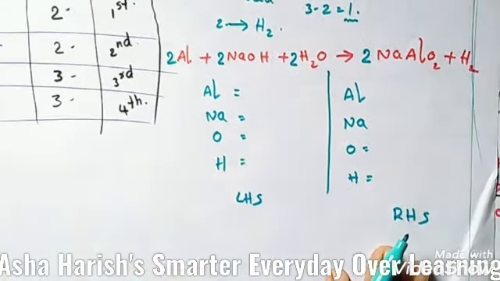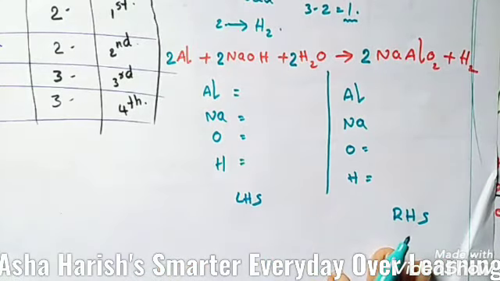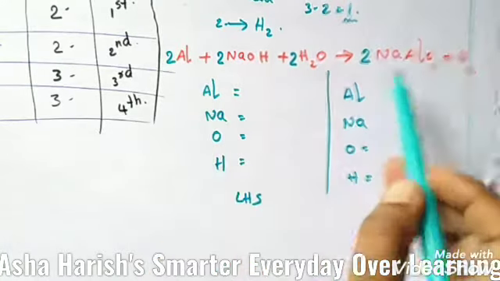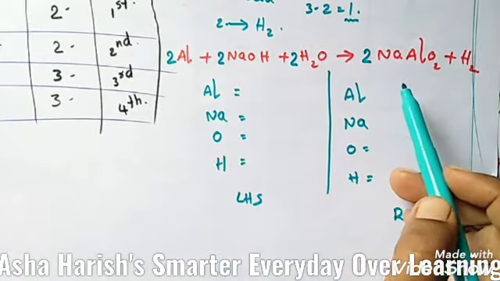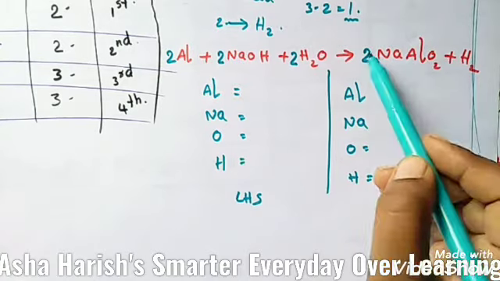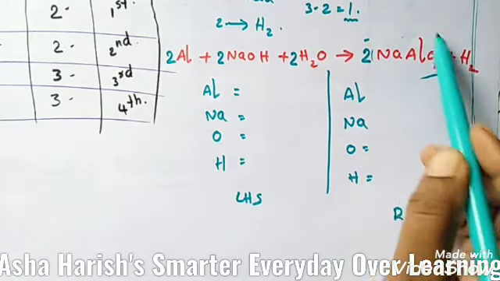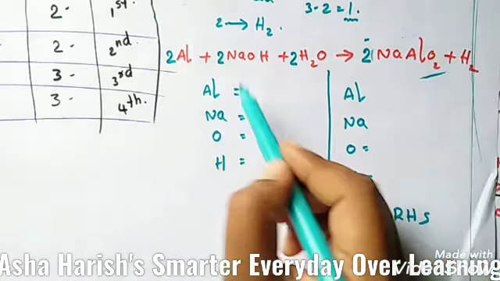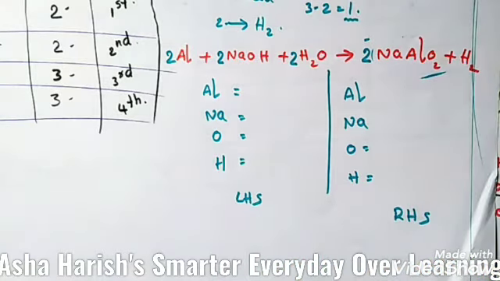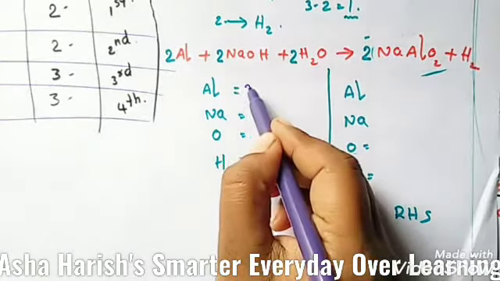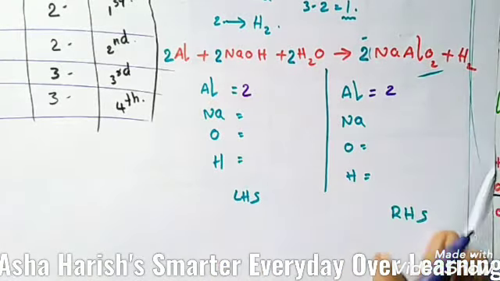Okay, now let's do it. Aluminium, here 2 aluminium atoms and here also 2 aluminium atoms. Suppose students, if you place any number before the compound, that number belongs to this entire compound. Okay, you should remember this thing. So aluminium atoms are 2 both sides, reactant side and the product side. So aluminium is balanced.